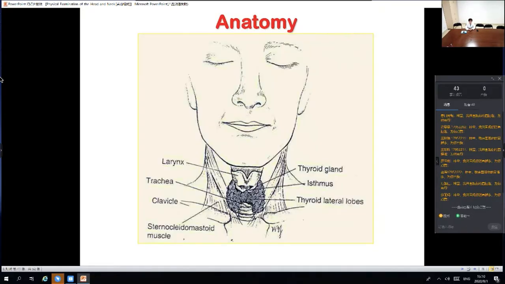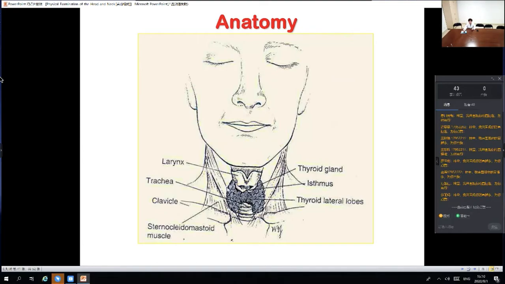Let's repeat the anatomy of the neck first. For a normal person, you identify all of these anatomical markers, like the larynx, and under the larynx you see the tracheal rings, and the clavicle bone, and also the very prominent muscle of the neck, the sternocleidomastoid muscle.